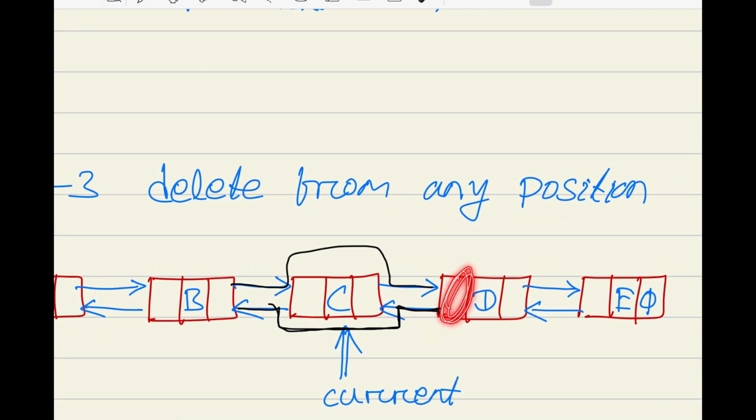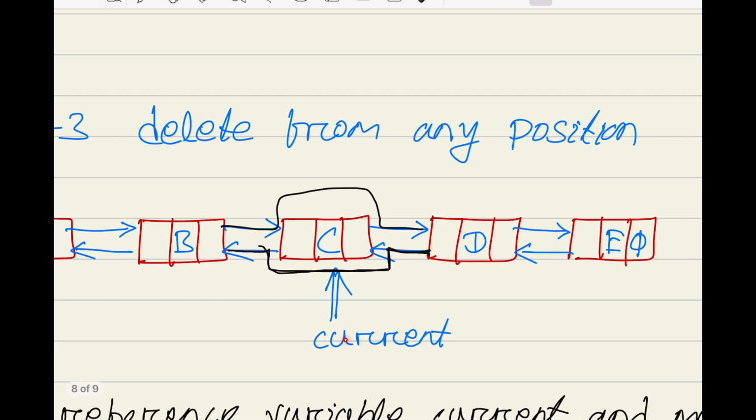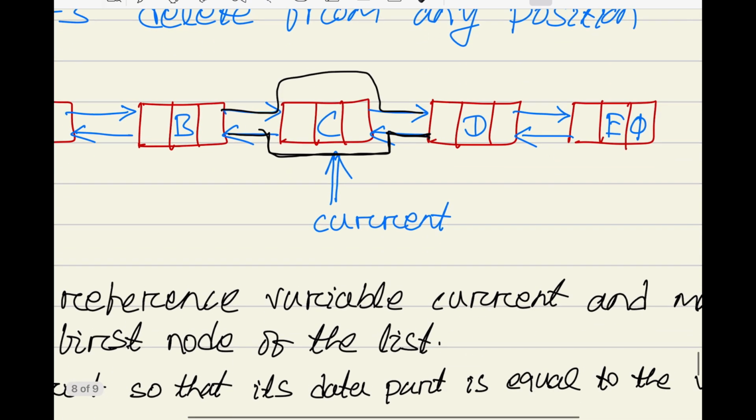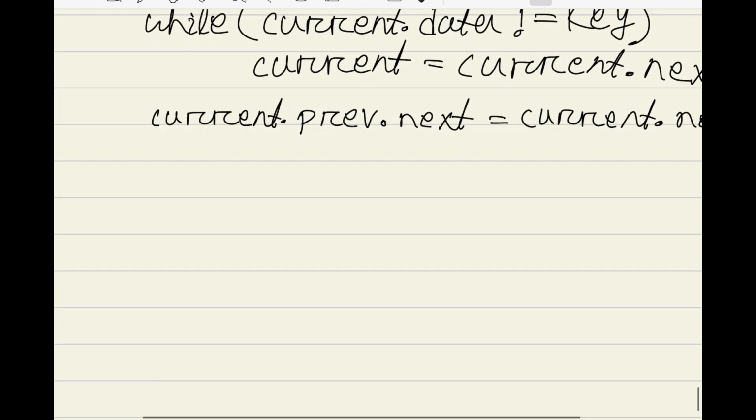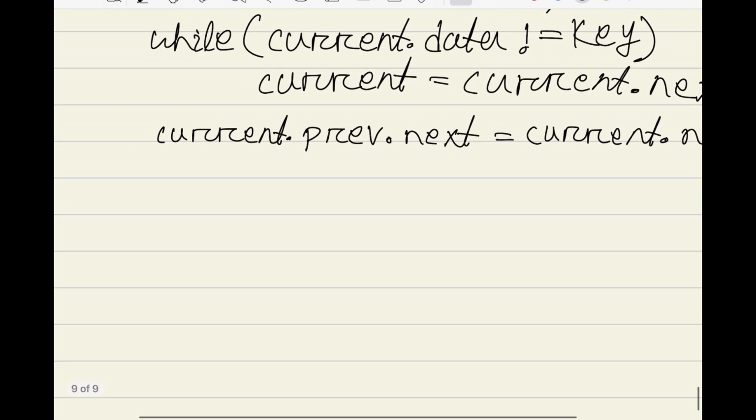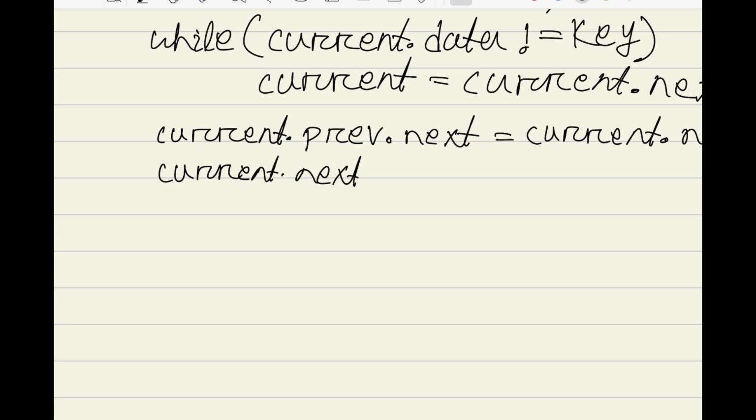Its previous we want to update. Which node's previous? Current dot next previous. D means current dot next, so current dot next dot previous should refer to B. B means current dot previous.